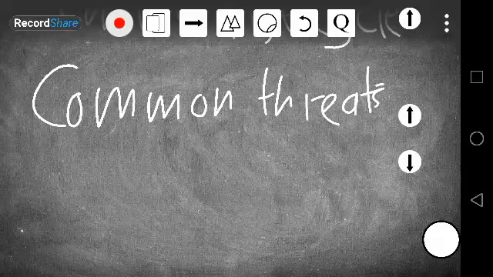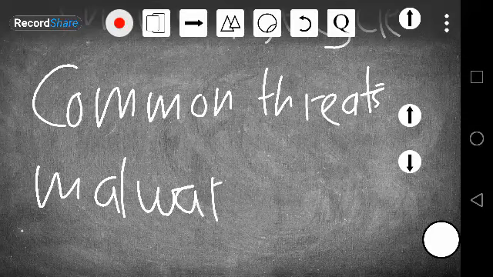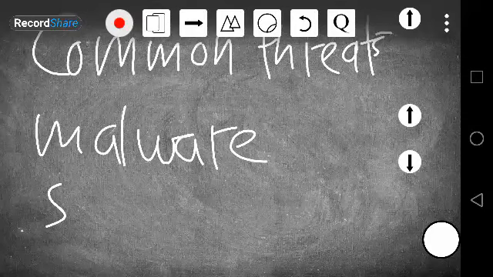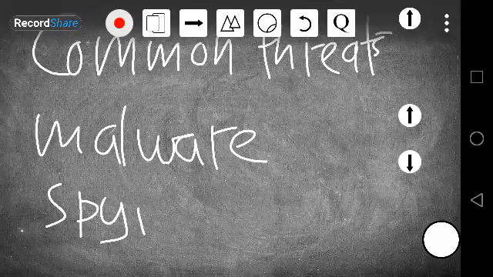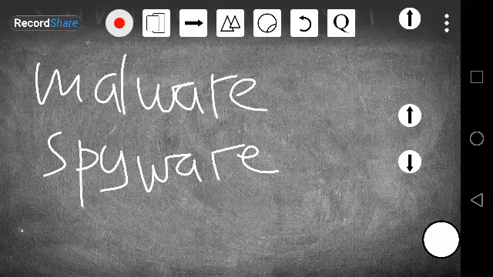We have things like malware, we have things like spyware, okay. All those things are most common computer threats, okay, as they spy information and give to intruders or hackers.